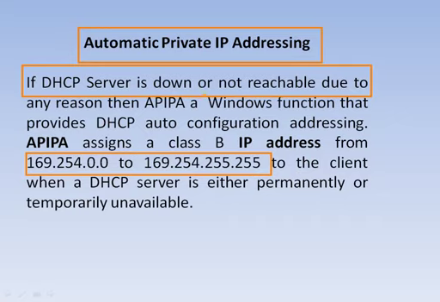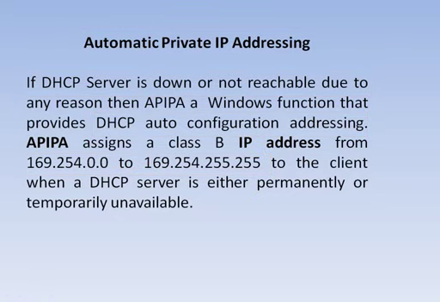It's a Windows function that provides DHCP auto-configuration addressing. APIPA assigns this IP series to the client when DHCP is either permanently or temporarily unavailable. So if the client machine is not able to contact the DHCP server, APIPA comes into play.